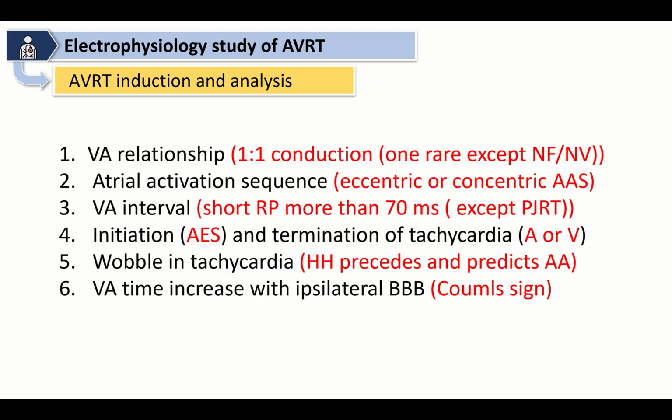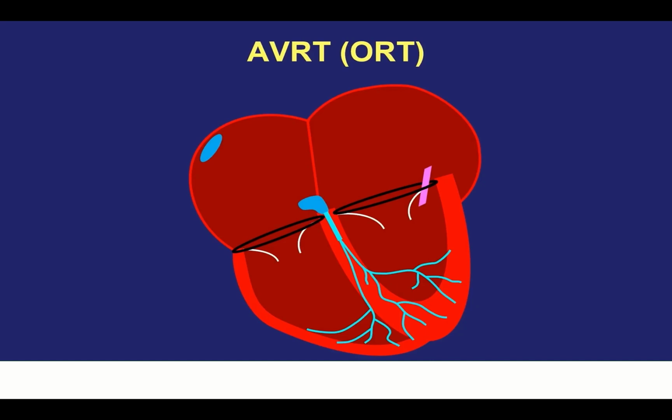Finally, Coumel's sign, in which we will find increase in VA time when the patient has accessory pathway and develops ipsilateral bundle branch block. For example, a patient with left lateral accessory pathway developing left bundle branch block, we will find sudden increase in VA time more than 30 milliseconds. Confirm the presence of accessory pathway.